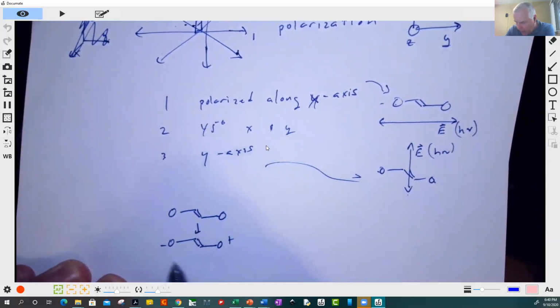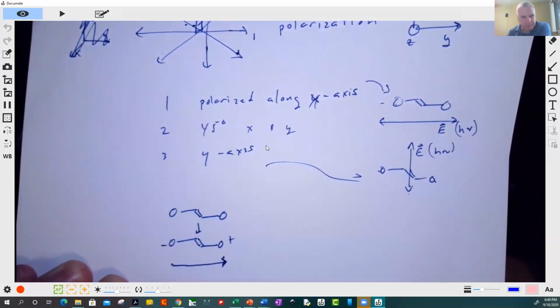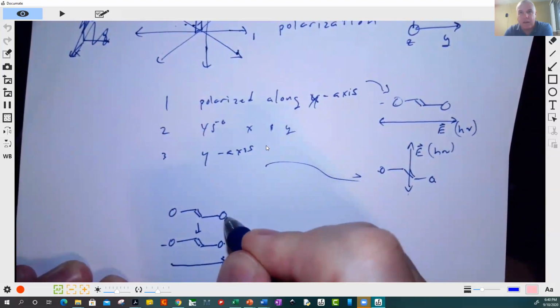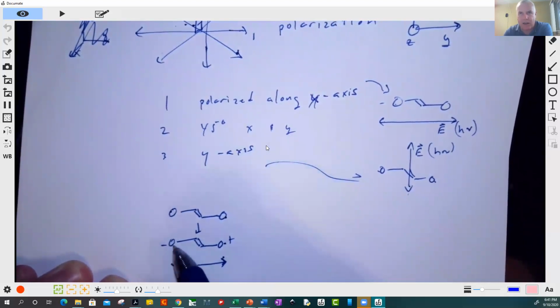And the work has to have the net effect of moving an electron from this end to this end, right? You take an electron from this end and move it to this end, so that this is left positive and that one's left negative.